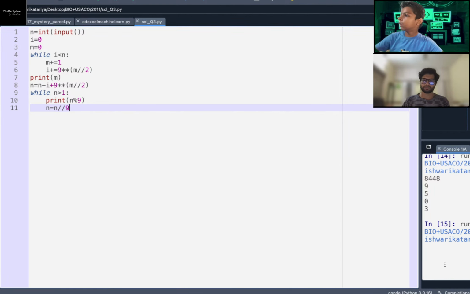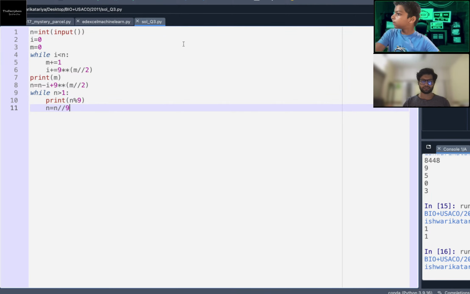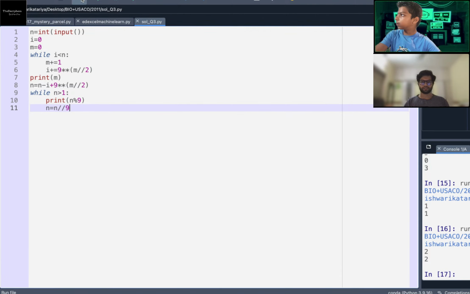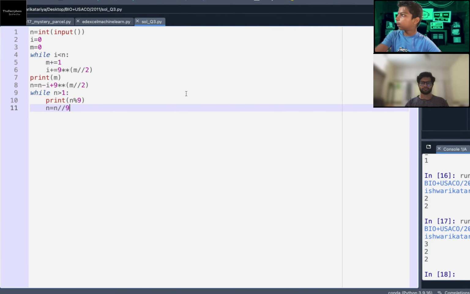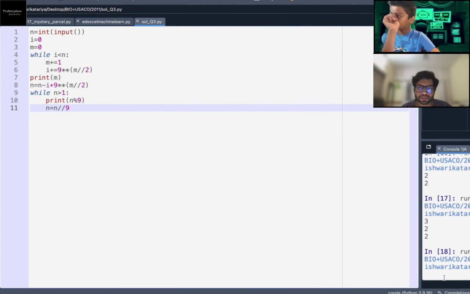Okay, let's do 1. Okay. 2 with 2. Yep. 3. 3 outputs 2. So is that the issue? Particularly, we haven't handled m being odd here. We need to handle that first.